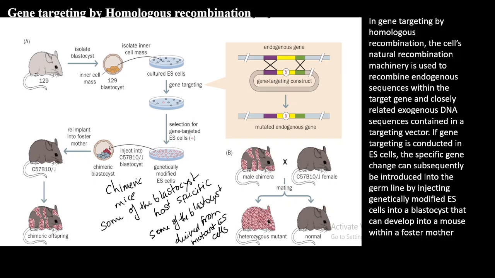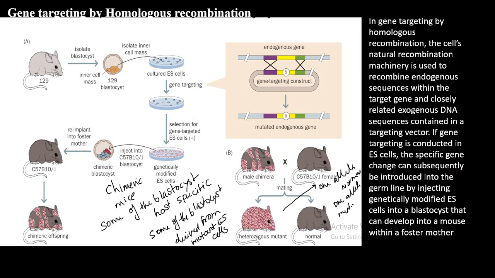Now you mate this male chimera with this particular female mice, and you are going to get the heterozygous mutant. What does it mean? It will carry one allele which is normal and one allele which is mutant.